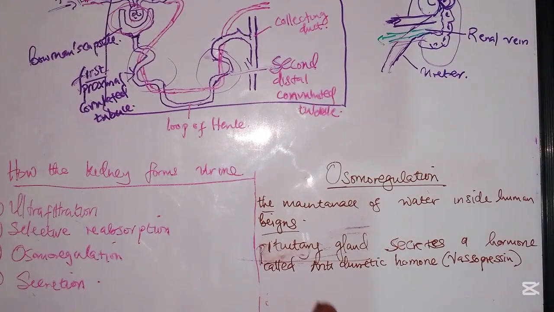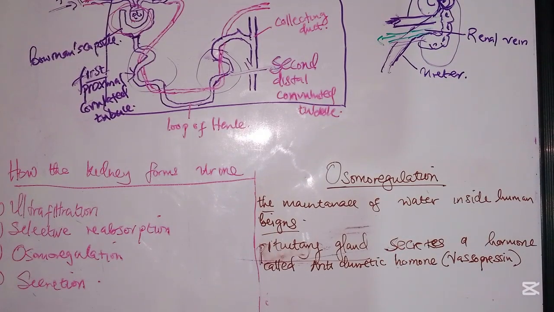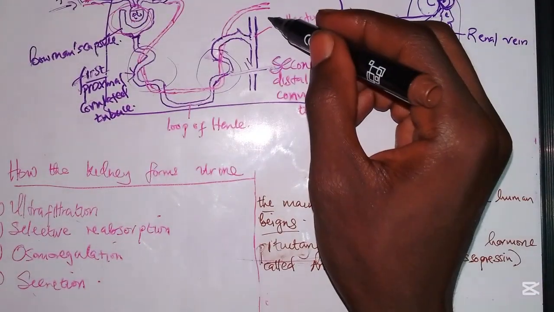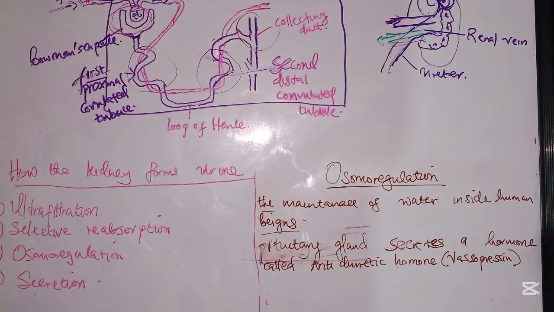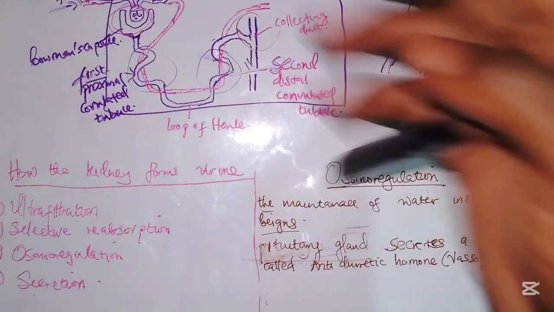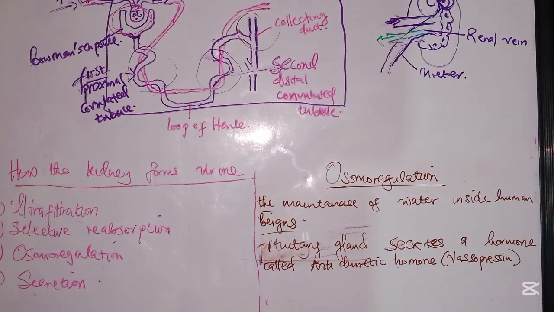So once this antidiuretic hormone is released, it will go to the what? To the kidney. Which part of the kidney? The collecting duct. Why is it going to the collecting duct? Because the previous stages have shown you where they start from. So meaning our urine now has reached the collecting duct.